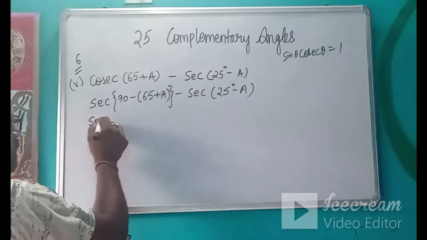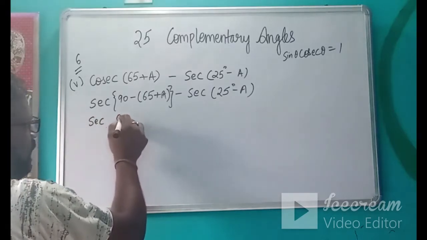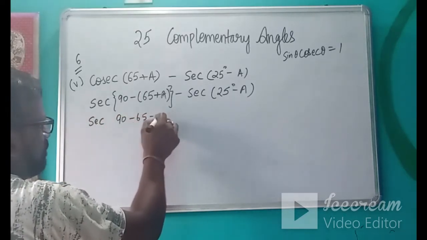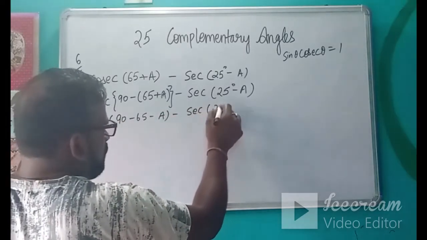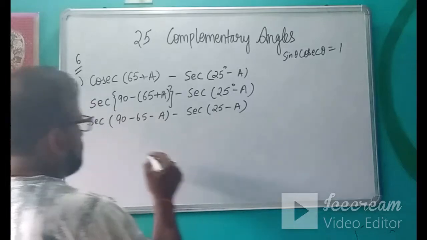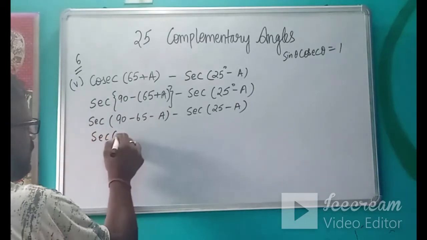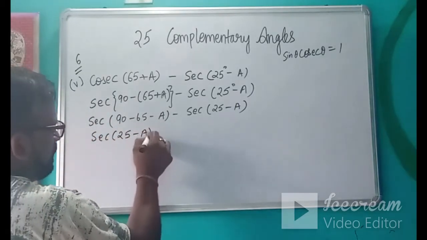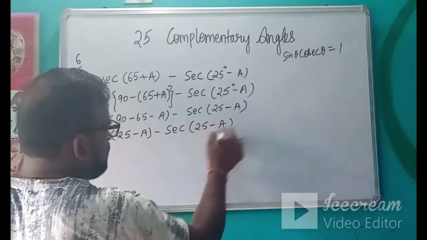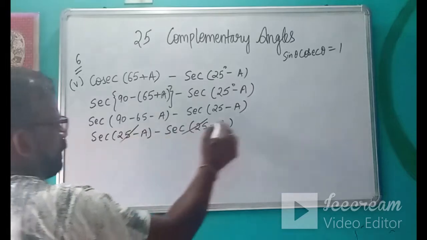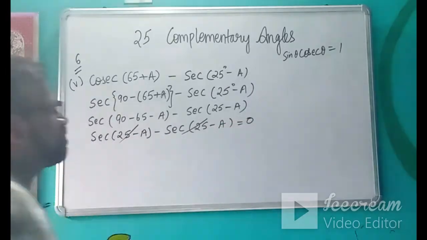So it is equal to sec 90 minus 65 minus a minus sec 25 minus a. So what you will get, sec 25 minus a minus sec 25 minus a, and since they both are the same, when you cancel you will get the answer as 0.